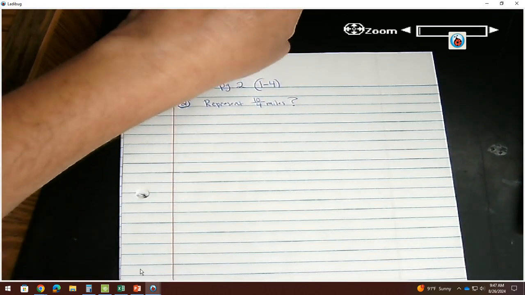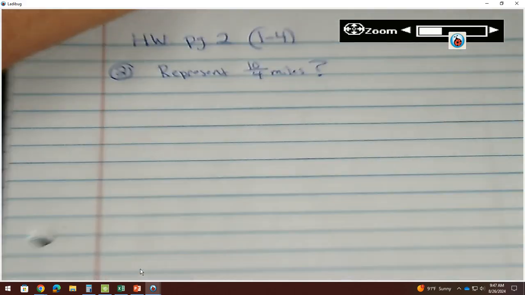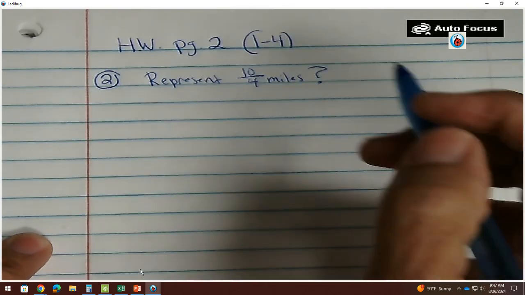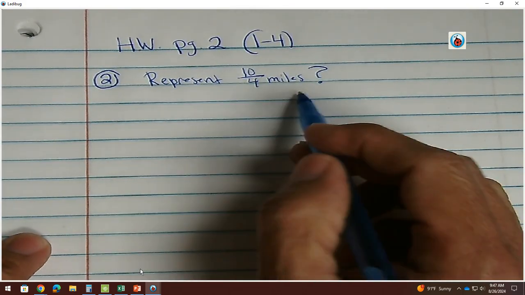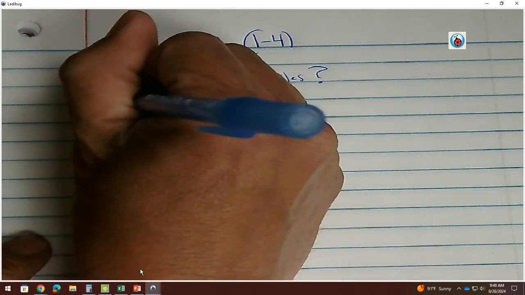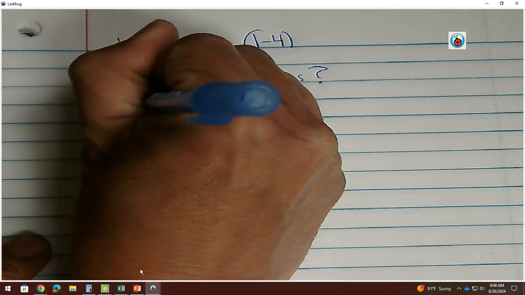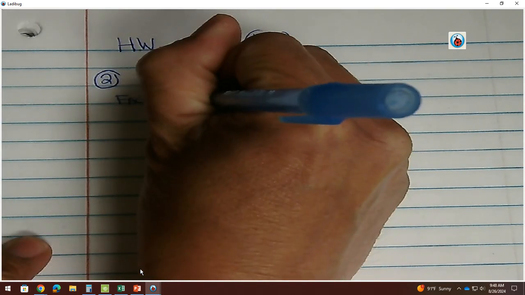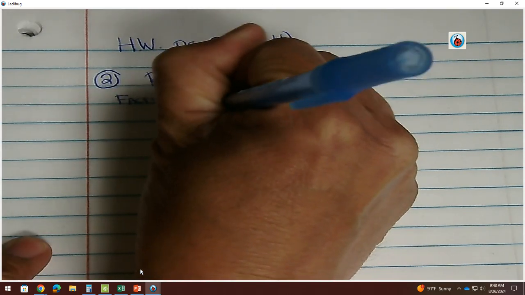So my question is, which of the following represents 10/4? That's my question. My facts are important because they gave me the fraction 10/4.